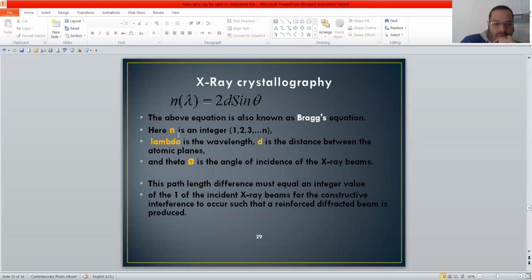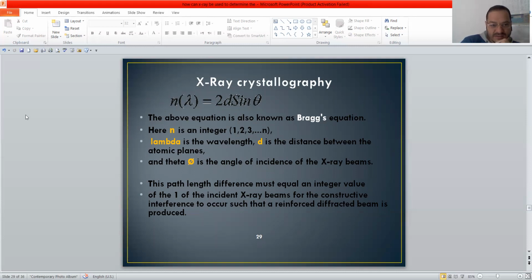Now let's discuss n. The above equation, Bragg's law, where n is an integer number, 1, 2, doesn't matter. Lambda is the wavelength, d is the distance between the atomic layers, like I said before. Theta is the angle of incidence of the X-ray beam.